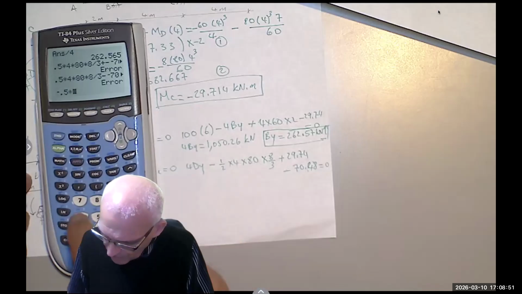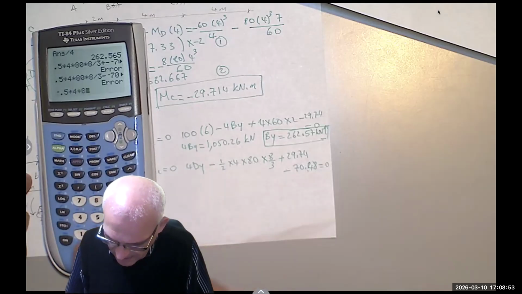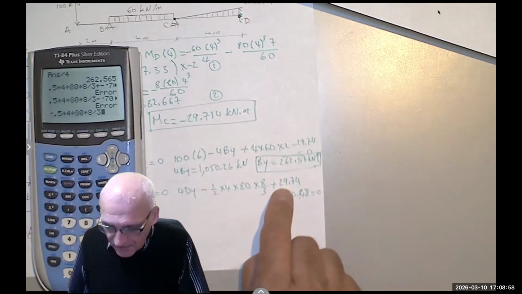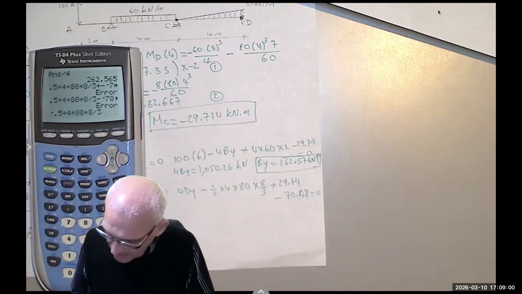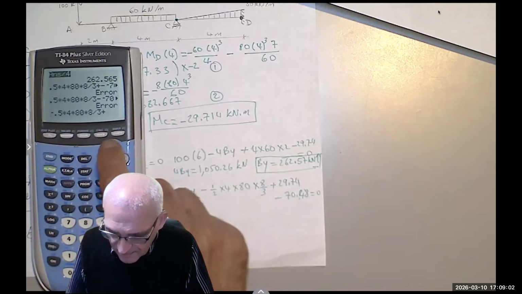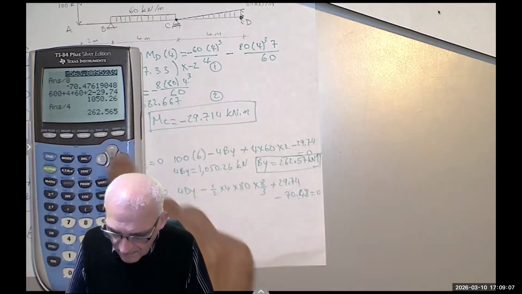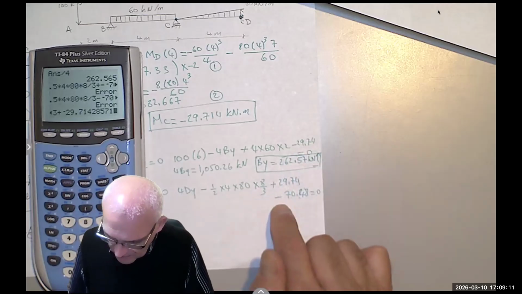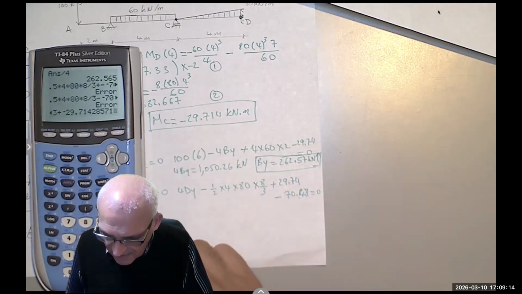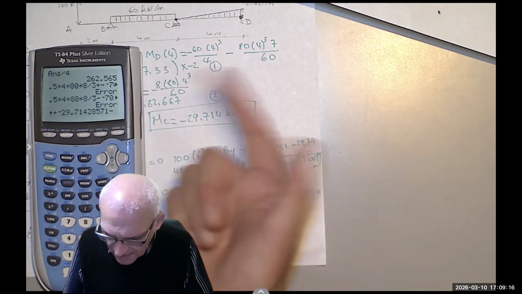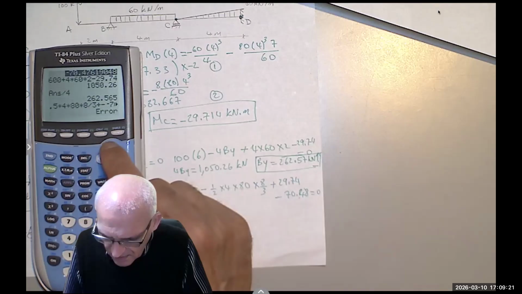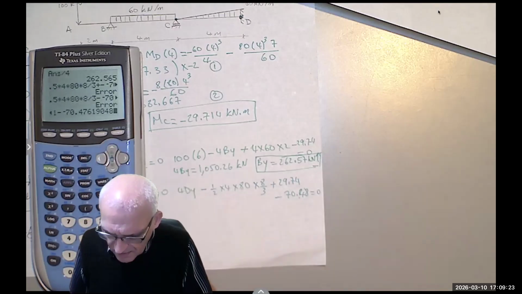Let's say 1/2 times 4 times 80 times 8/3. And then we want to subtract the 29, so plus, because it's negative. And then I want to add this negative 70. So it's the same. So why is it giving me error?